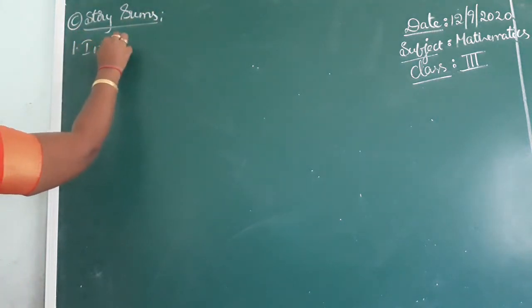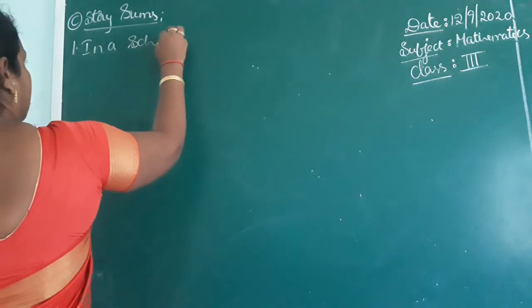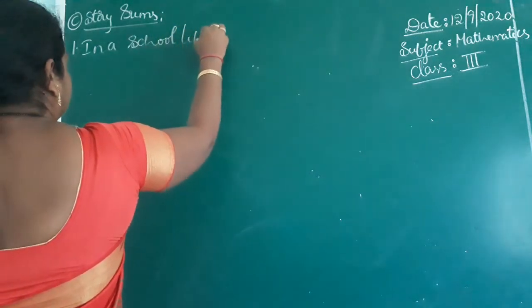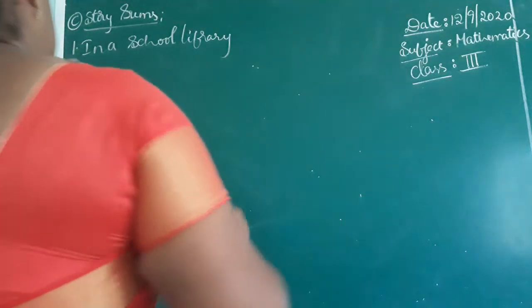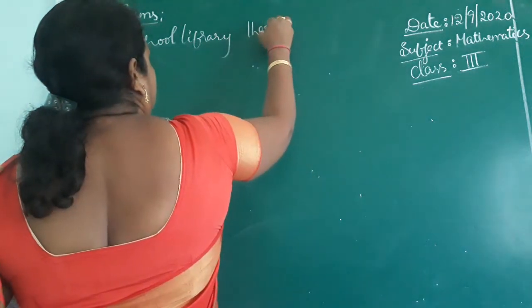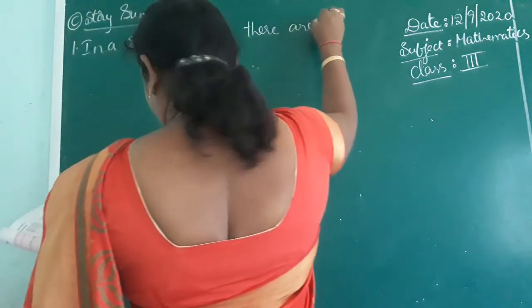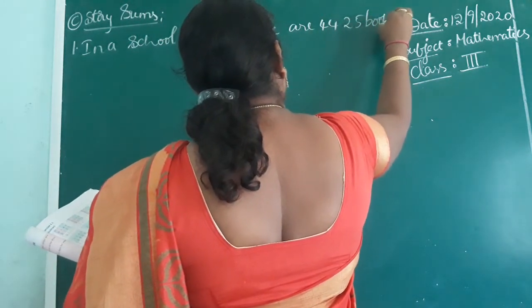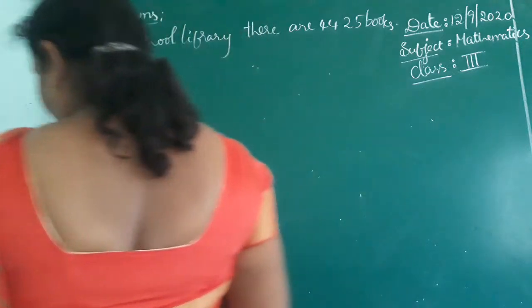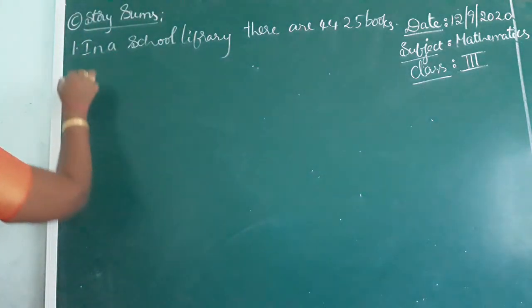In a school library, there are 4425 books.